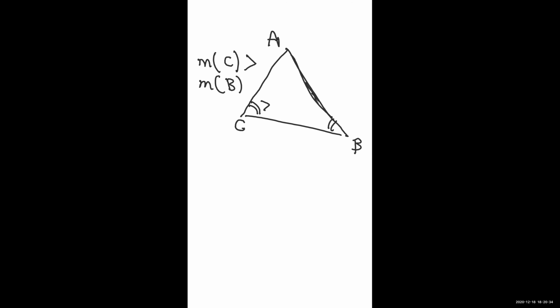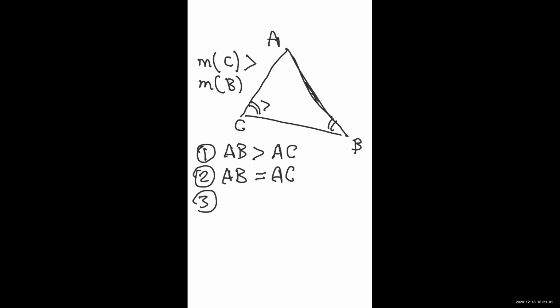Now, guys, inside this triangle, there are 3 cases. The first case, AB greater than AC, or the second case, AB equals AC.